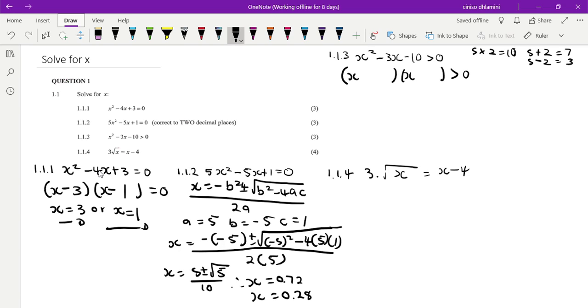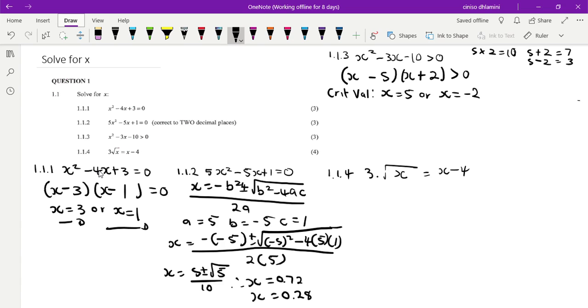So it's correct. You can use 5 and 2, but because the middle term is negative, the bigger number will take the sign of the middle term, which is negative, and this one positive. And then your critical values, in this case, are x equals 5 or x equals minus 2.